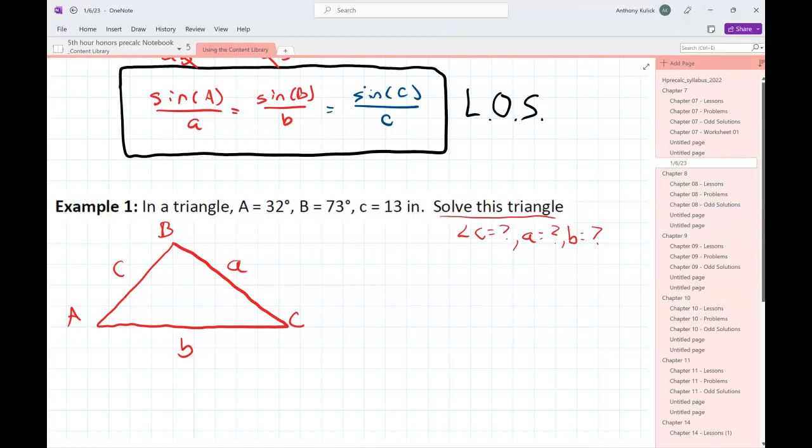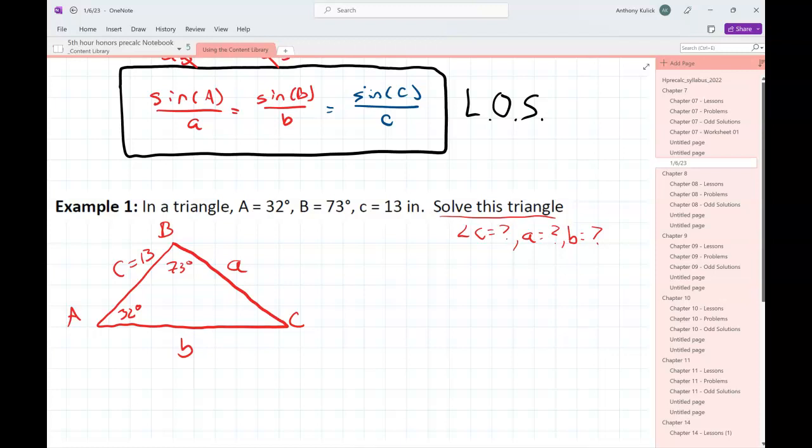So it's really important that we're using that same naming convention. And now I'm just going to write in the givens. Everybody cool there?